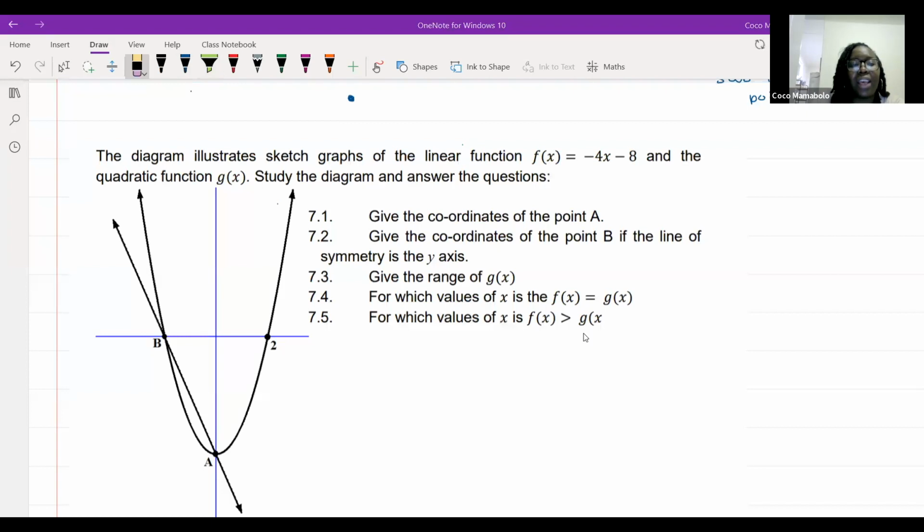Now, what kind of graph have they given us here, guys? Look at this next question. What kind of graph do we have? That's it. It's a parabola. And I love how part 2 even puts in there that it's smiley faced.